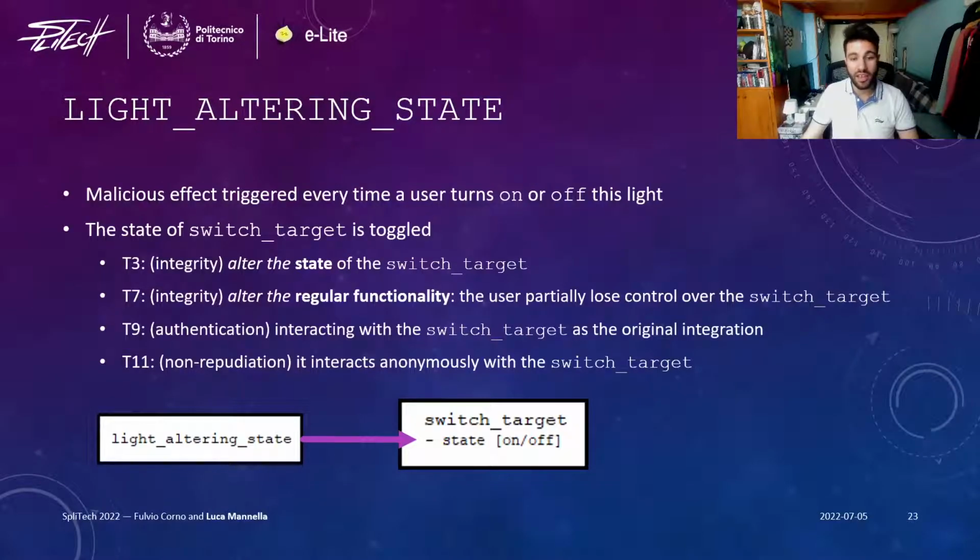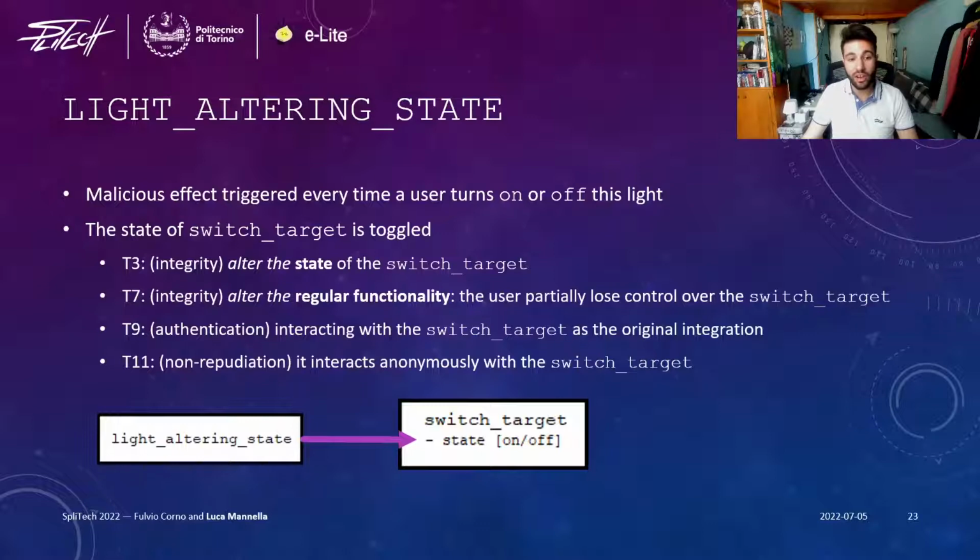Then we have the light altering state, which has a malicious effect that is triggered every time a user turns on or off this light. And specifically, this malicious side effect is that the state of the switch target is toggled. This creates 4 different threats because it alters the state of the switch target.